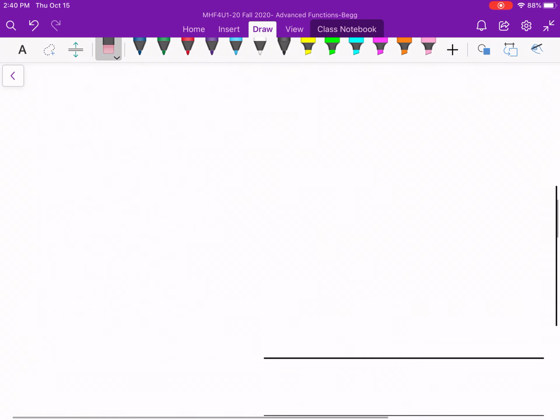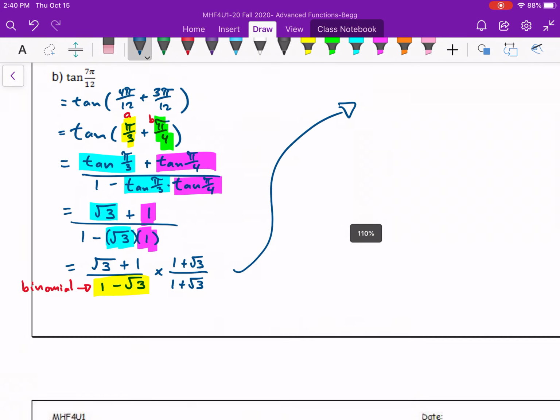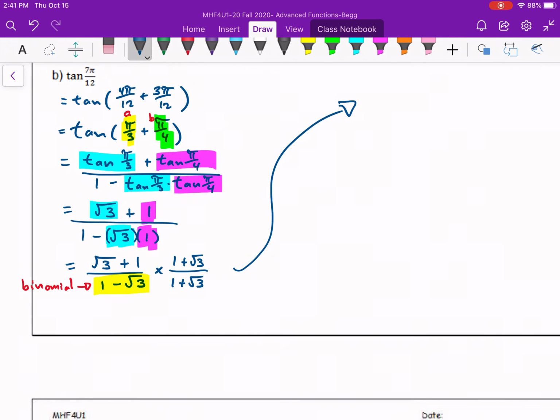Let me just rewrite it: root 3 plus 1 over 1 minus root 3 times 1 plus root 3 over 1 plus root 3.